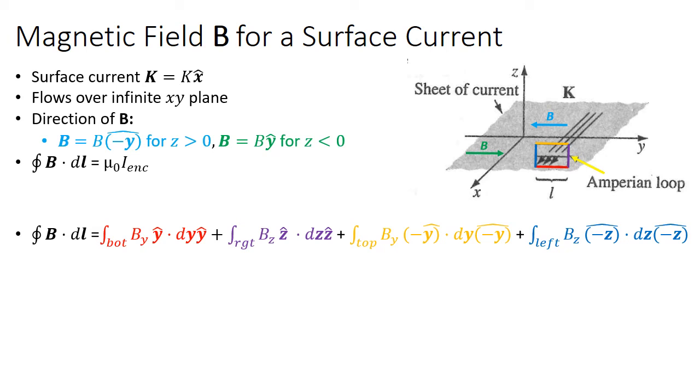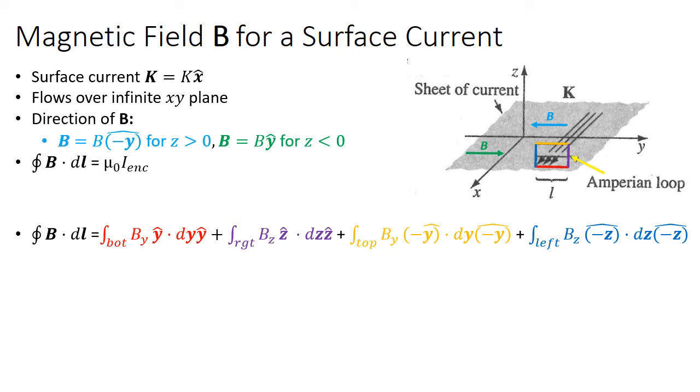So it's dotted with dy. And then to that we add the portion of the field that would be in the z direction, dotted with the path, the purple path. And then we have the portion of the field that would be in the minus y direction, dotted with the path for the orange part, followed by the portion of the path that's in the minus z direction, dotted with the path.